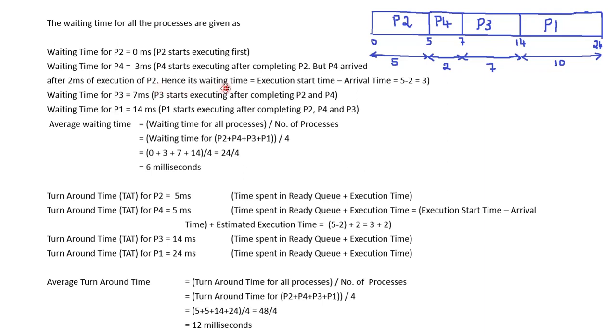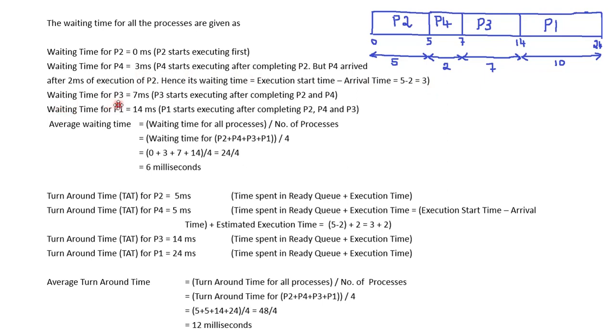Hence, its waiting time is equal to execution start time minus the arrival time. Execution start time means the total execution time of P2, that is 5, minus the arrival time, that is 2. So 5 minus 2, that is 3 millisecond. That is the waiting time for process P4.